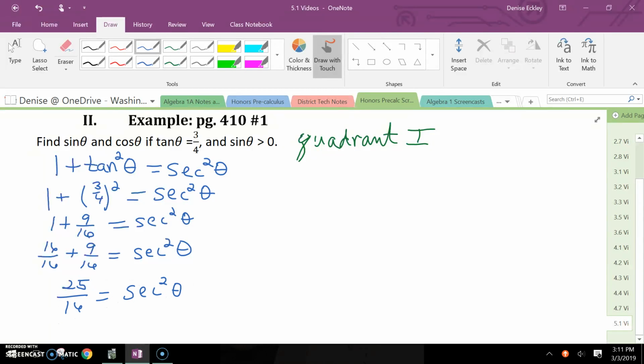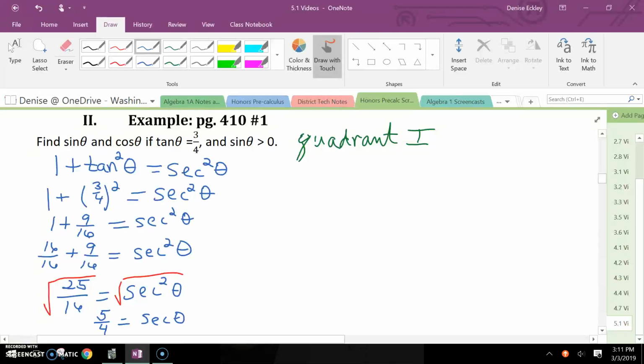And again, since we're working with just positives, we can take the square root of both sides, and we get that 5/4 is secant theta. Now how does that help us, since we're asked to find cosine and sine?